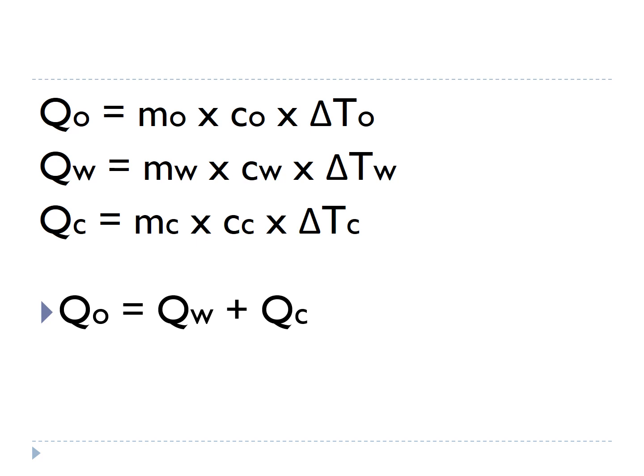That is why I have written it as Qo, heat of the object, is equal to Qw plus Qc, that is heat of the water and heat of the calorimeter.